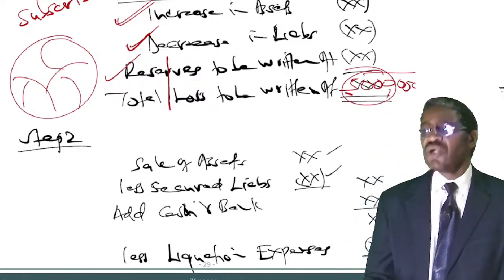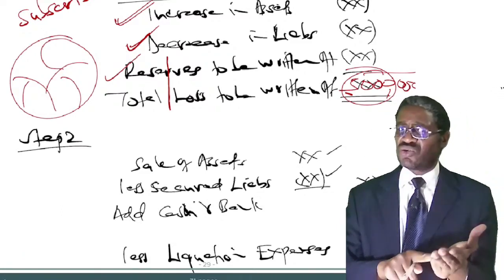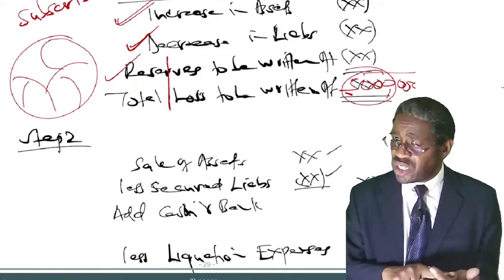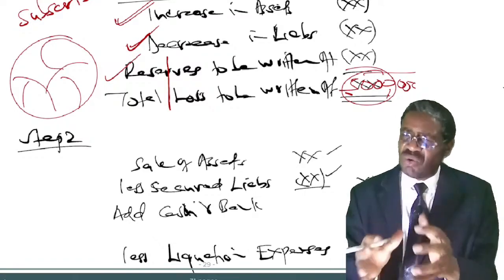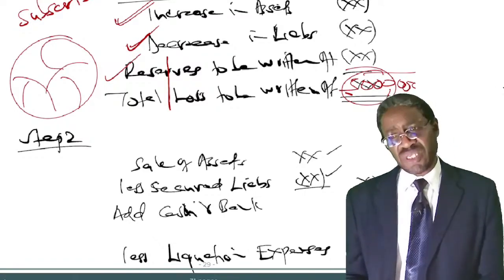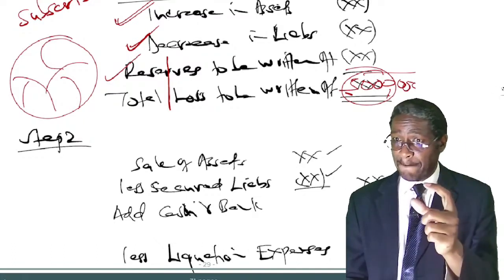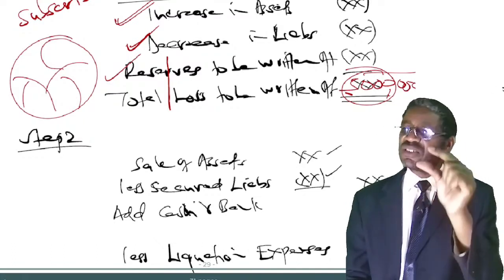Should we request the ordinary shareholders to take it over? Should we request the preference shareholders? Should we request the debenture holders? Who among the stakeholders of the company should be requested to suffer that loss? We said, listen, we are reconstructing this company.